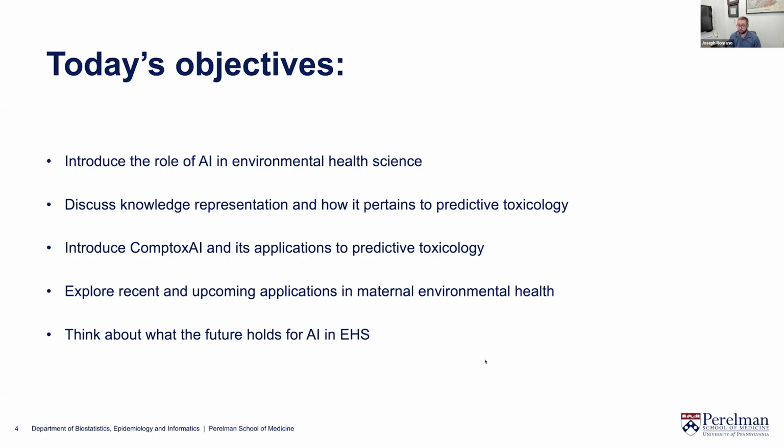Then I'm going to explore some of those specific projects we've been working on, particularly focusing on maternal environmental health. And then I will close out by getting on my soapbox for a minute or two and talking about what I think the future holds for AI, particularly in environmental health science, to give us some sort of guidelines about the future and how we might want to think about it.